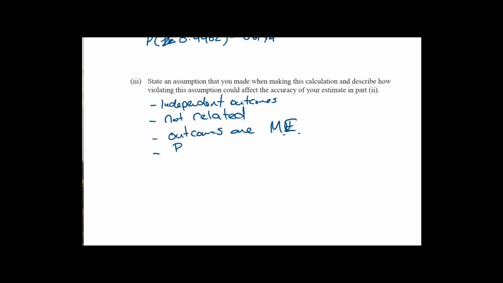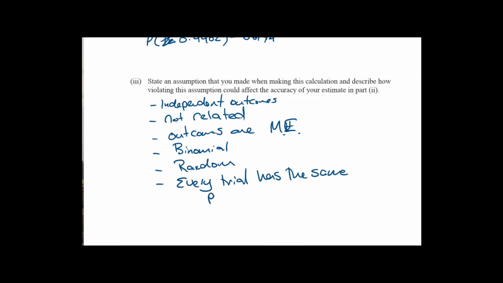We need to presume that it's binomial. We need to presume that it's random, so we're not going into one particular person or choosing something stratified. We can have a sample set, and every trial has the same probability.